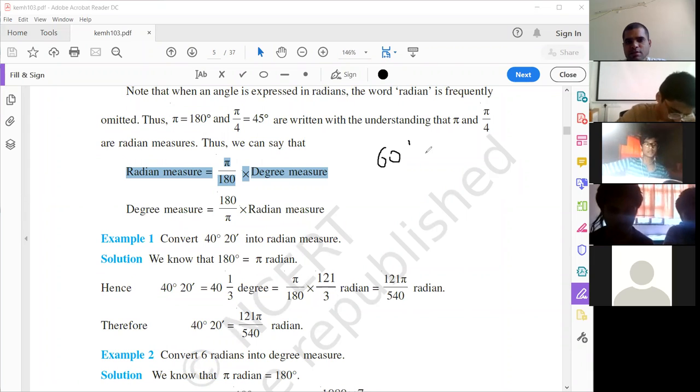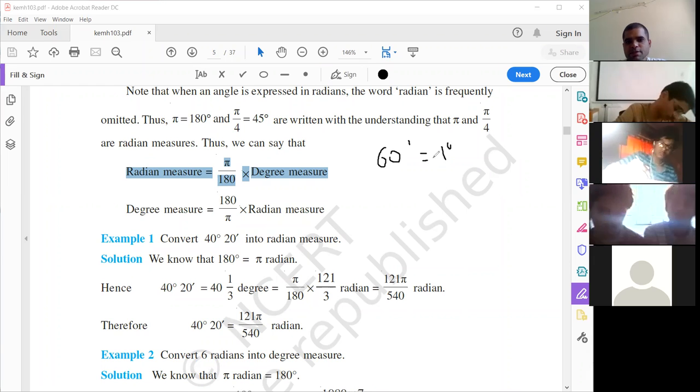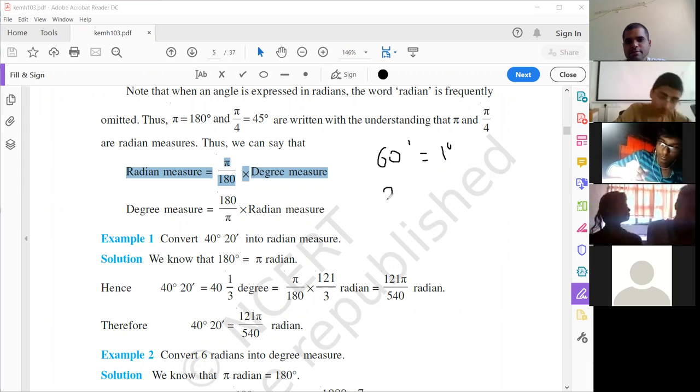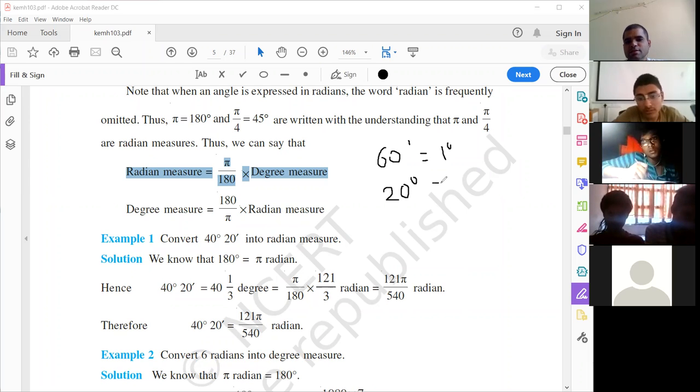60 minutes is equal to 1 degree. So 20 minutes is equal to how many degrees? 20 minutes is one third of a degree.